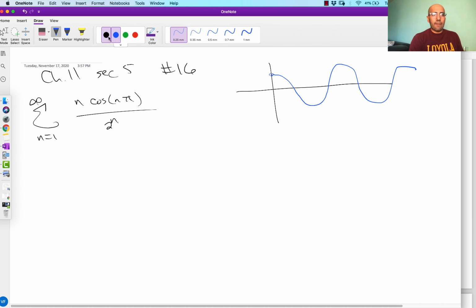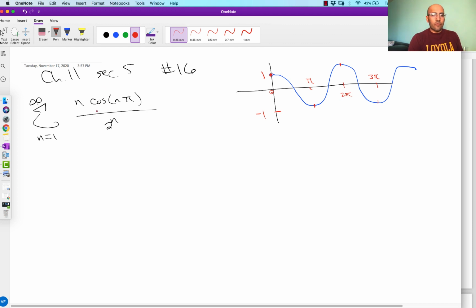And it just so happens that all of these key values here, we have 0. And then right here, where it hits -1, that one is pi. And then right there, when it goes back up to +1, that one is 2 pi. And then this one down here, that's going to be 3 pi. Okay, so the cosine function hits +1 and -1 at multiples of pi.